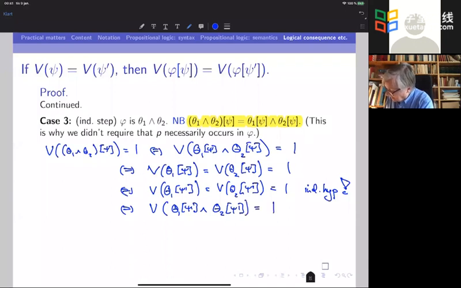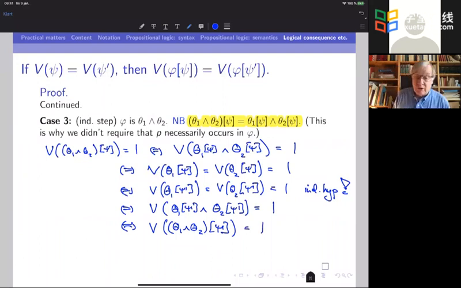Okay, and by this fact that we just noted, this merely syntactic fact, that's the same as theta 1 and theta 2 square brackets psi prime being true. So you see it's very similar, but you see that the formula is actually a conjunction. Then you apply the induction hypothesis to the conjuncts, and then you go back again.